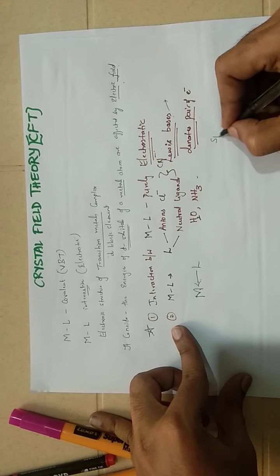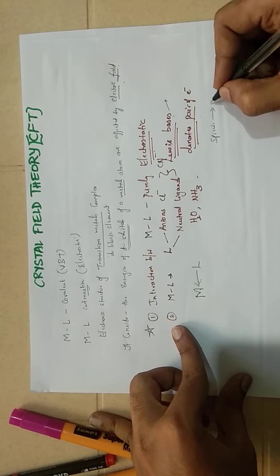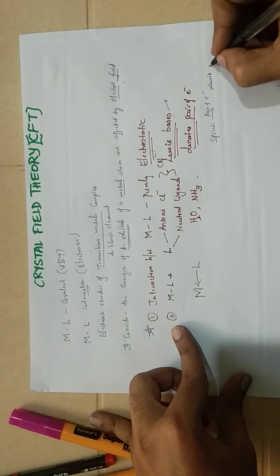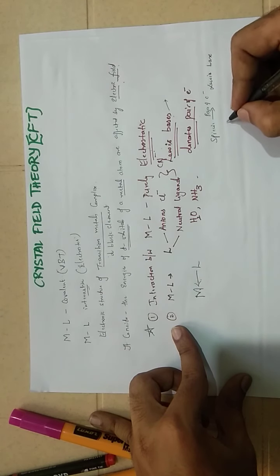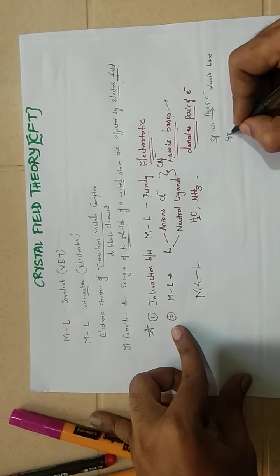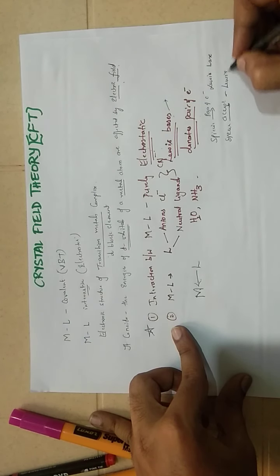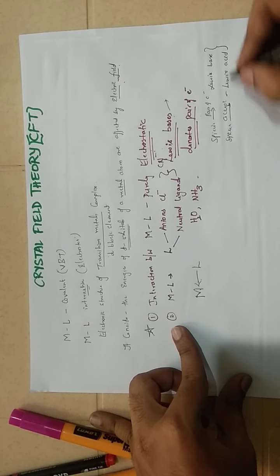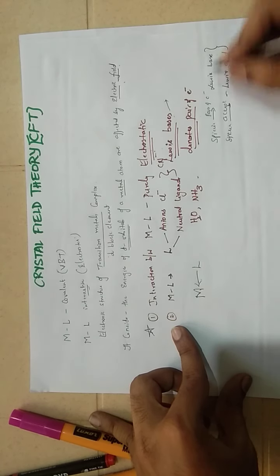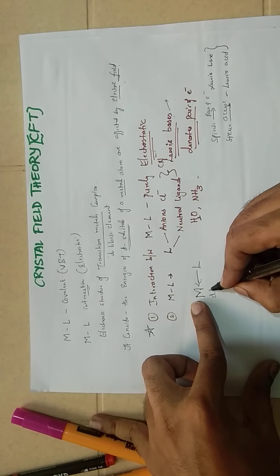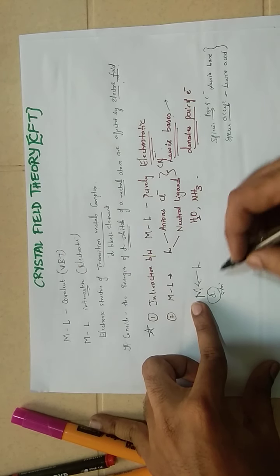The species which donate a pair of electrons are referred to as Lewis bases. Species which accept are called Lewis acids. This is the electronic theory proposed by G.N. Lewis. So ligands donate electrons to the metal d orbitals, that we should know.